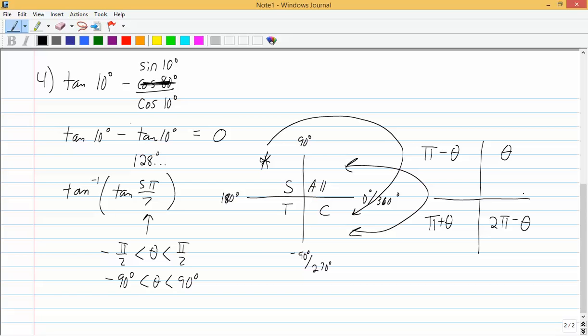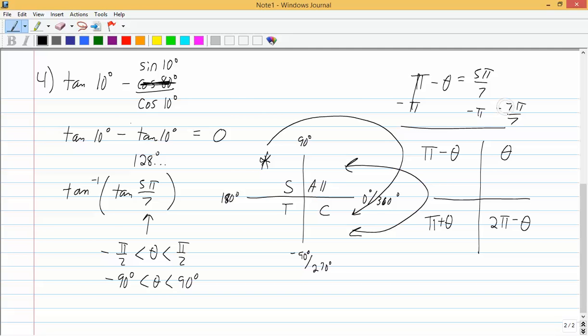So if we do that, we're here, so let's figure out what is theta. What is the one from the first quadrant? What is the reference angle? We know that pi minus theta equals 5 pi over 7. So solve for theta. That's going to be negative 7 pi over 7, right?